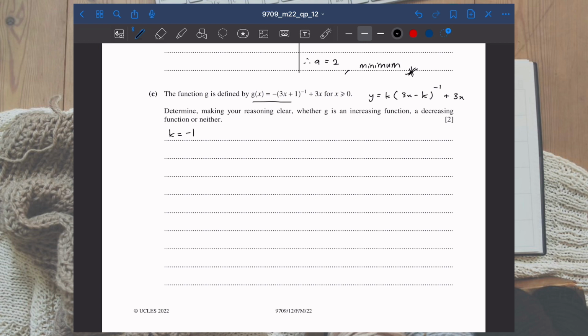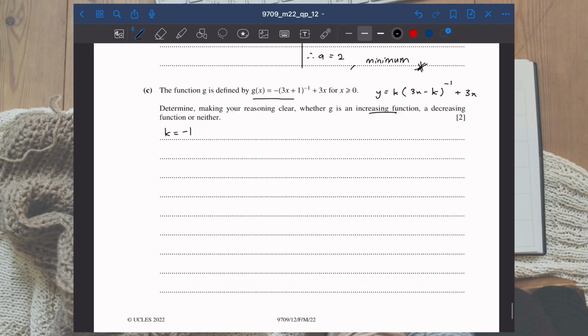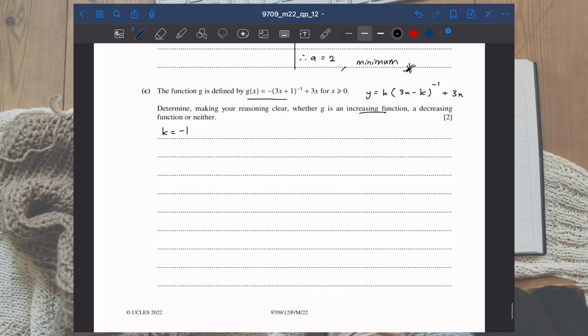To find out whether it's an increasing function, a decreasing function, or neither, we can determine it by seeing if our gradient is always positive, always negative, or neither. So first we need to differentiate g of x.